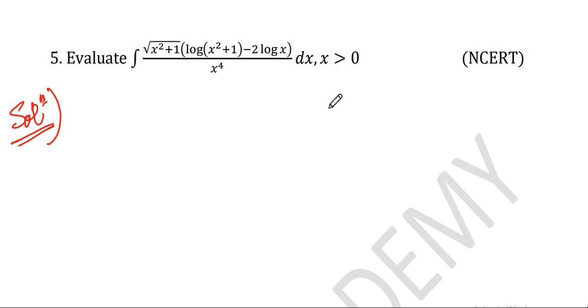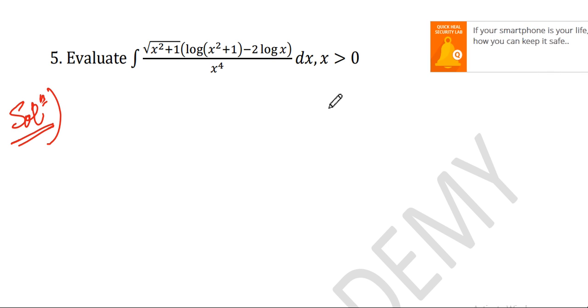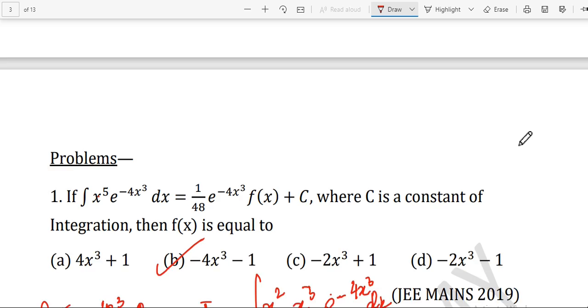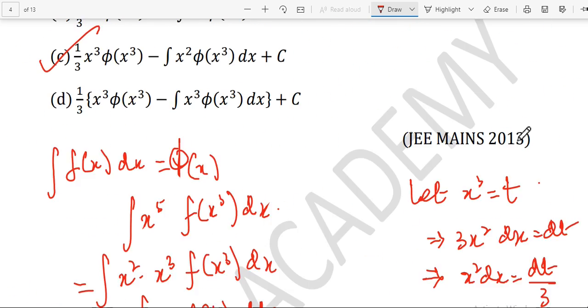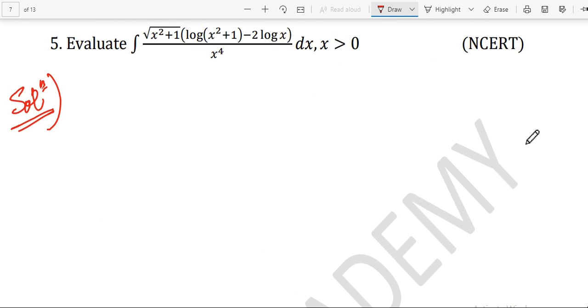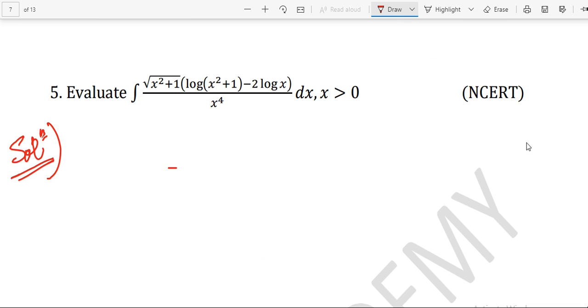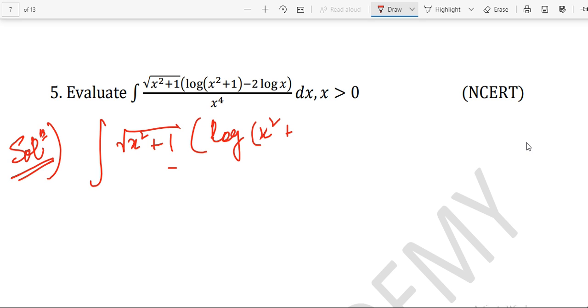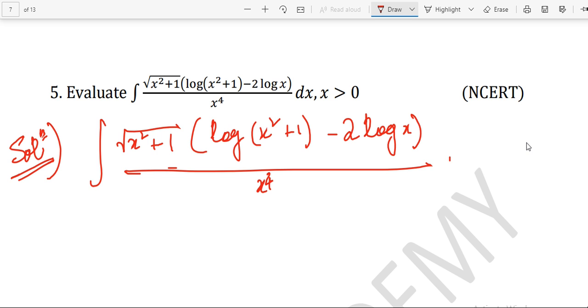Here x is greater than 0. So let's see how to calculate this one.